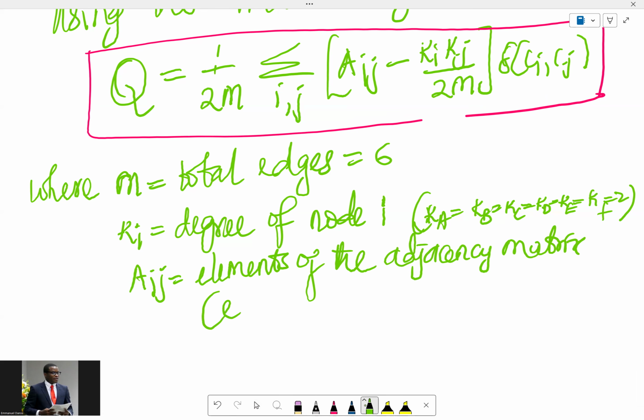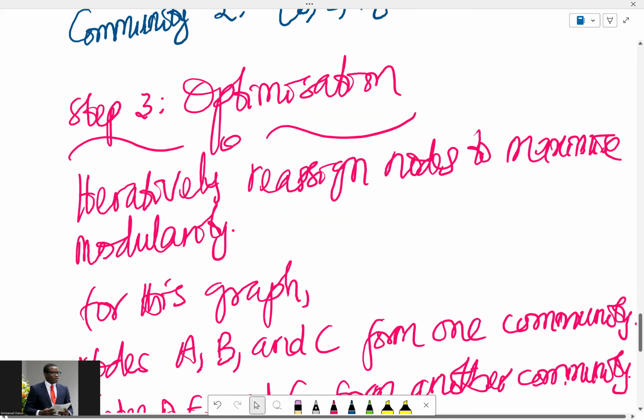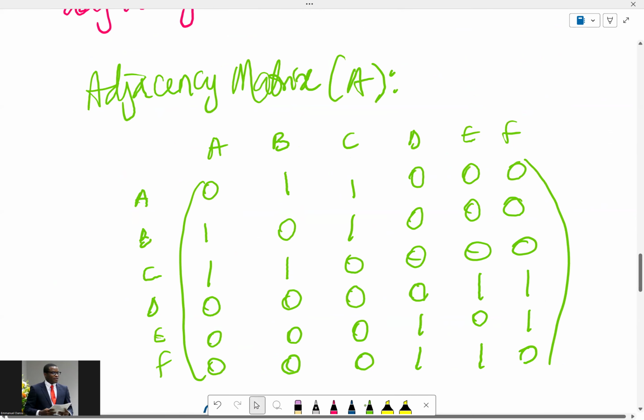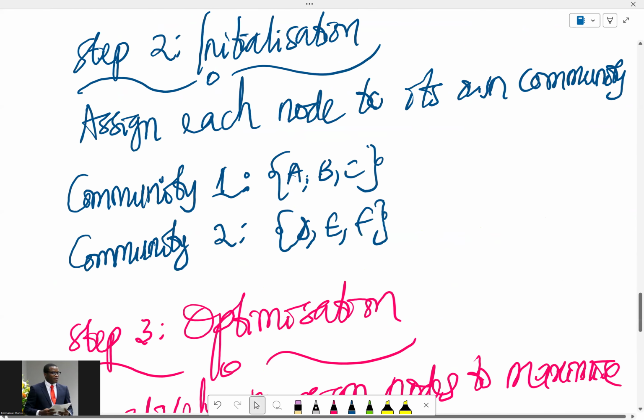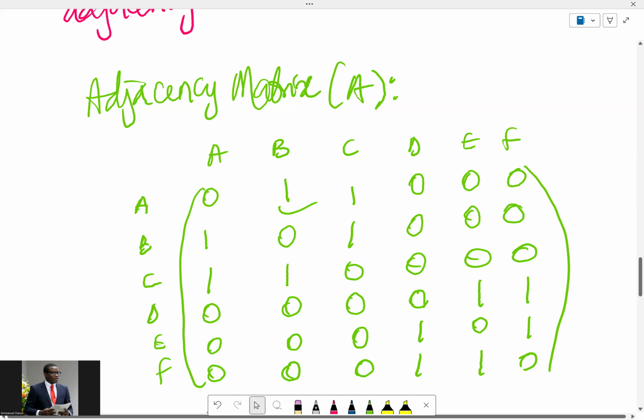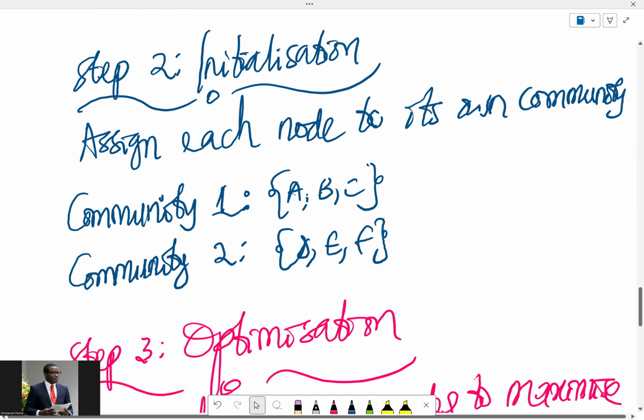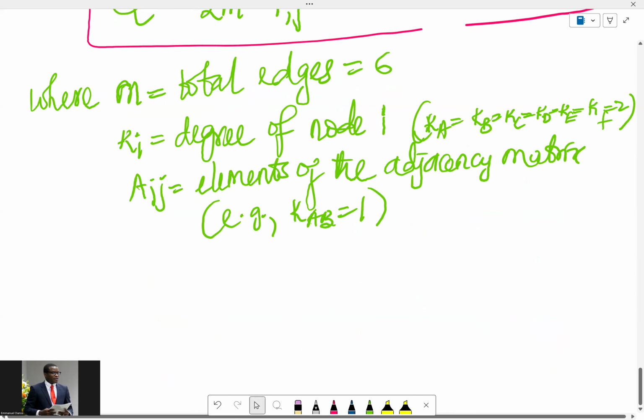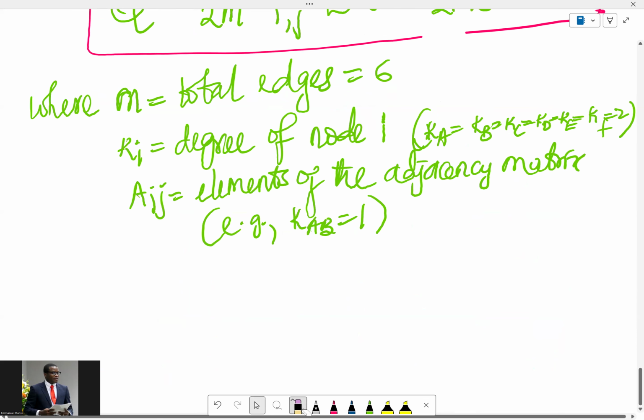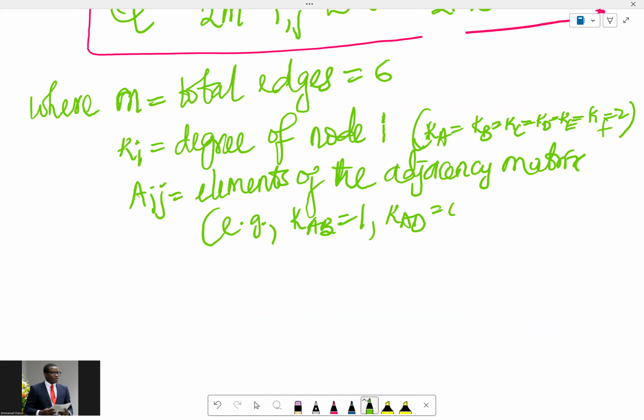For example, AAB is equal to 1, of course, because A and B have a connection. And then AAD would be 0, because A and D have no connection.